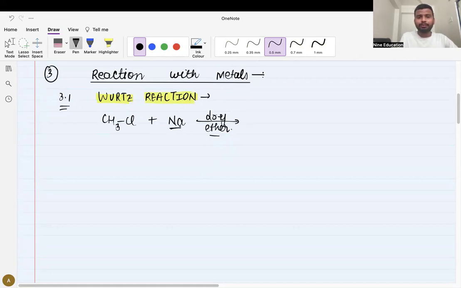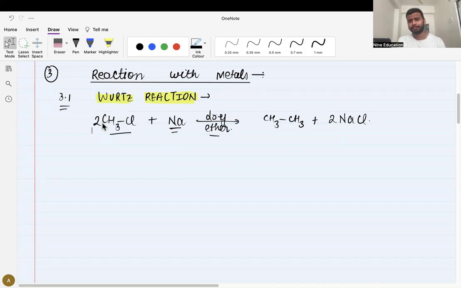Sodium is a metal, therefore these reactions are known as reaction with metal, alkyl halide and metal reactions, है ना? So what will happen? यहाँ पर बनेगा CH3CH3 plus 2 times of NaCl.